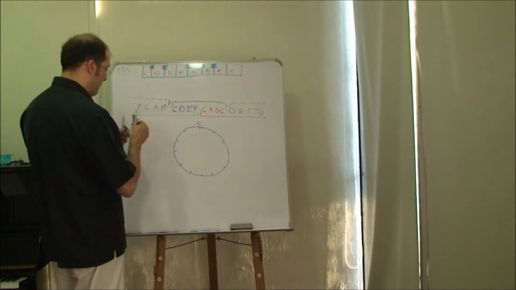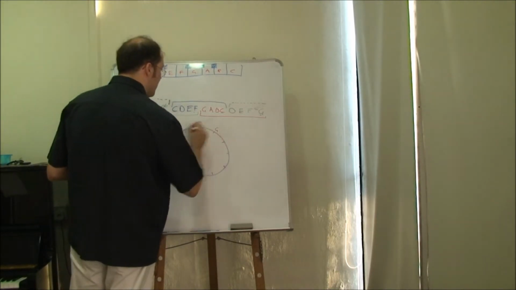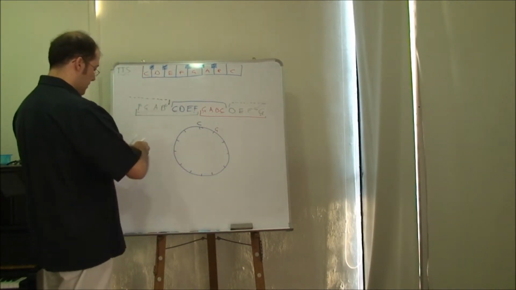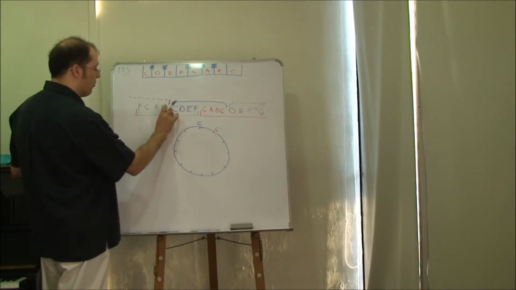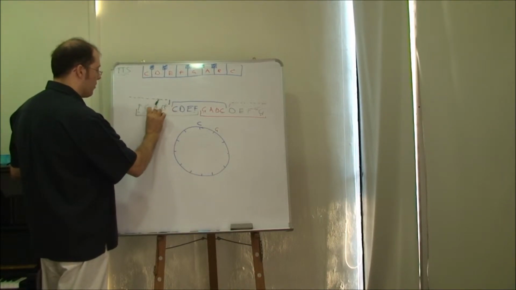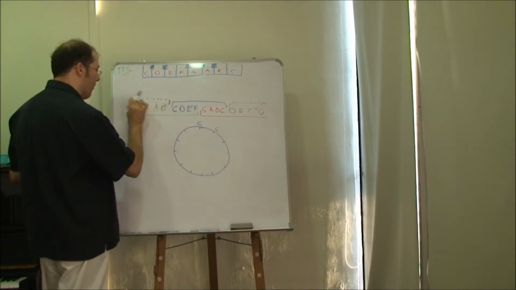So C, and then over here, we'll have G major. And then as you go backwards, each time you'll count 5 backwards. Sorry, this is the 5th note counting backwards. So 1, 2, 3, 4, 5.